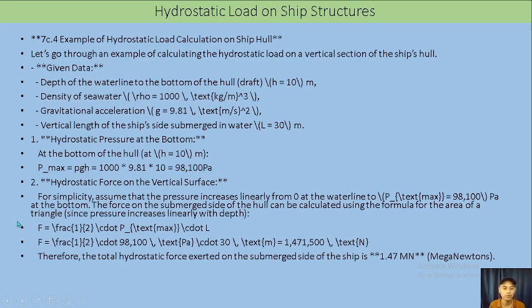And then using that formula, you will get 1/2 times 98,100 Pascal, or the value here is changed already, times 30 meter, which is the vertical length of ship's side submerged in water. So you will get a Newton, which is the hydrostatic force on the vertical surface. So we have hydrostatic force on the horizontal or the bottom, and the vertical.